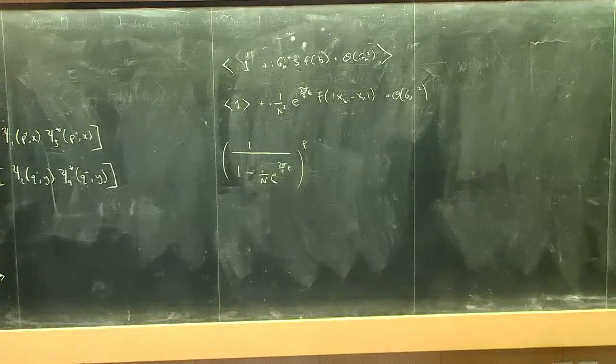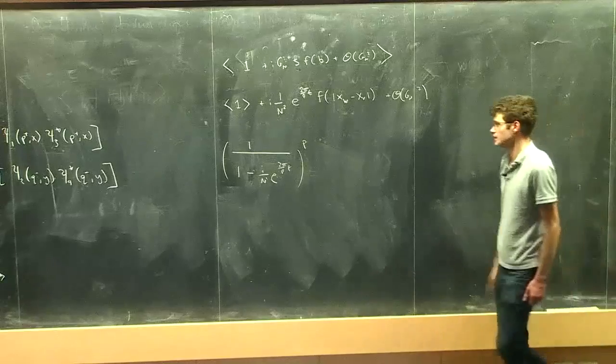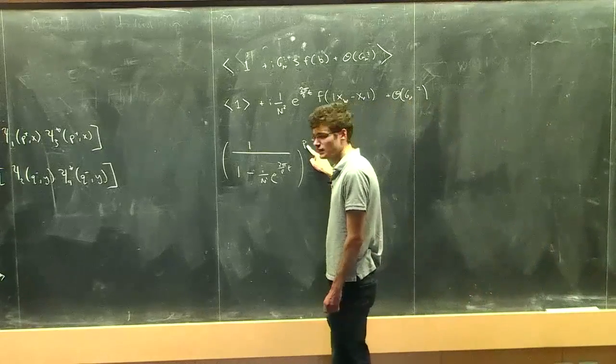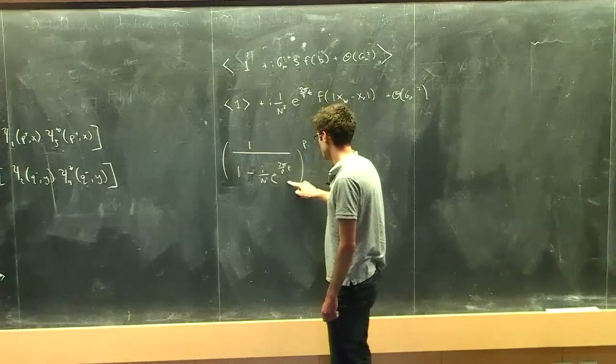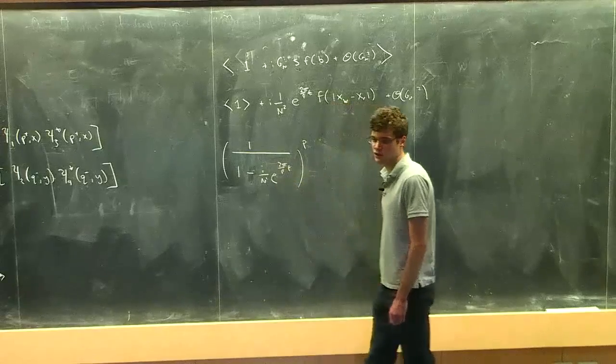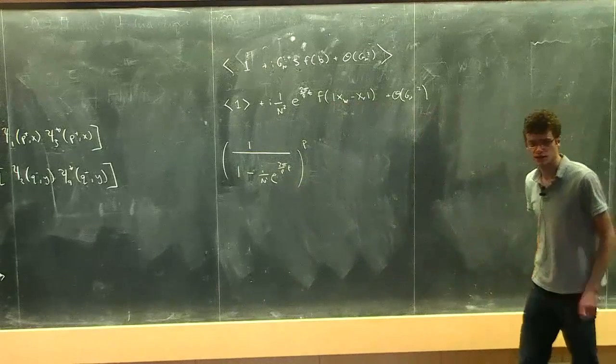So as I mentioned, the late time behavior of this thing is not universal. It depends on the specific choice of W and V operators. The power here depends on W and V, but the rate of exponential growth does not. The rate of exponential growth, yes, Sasha?